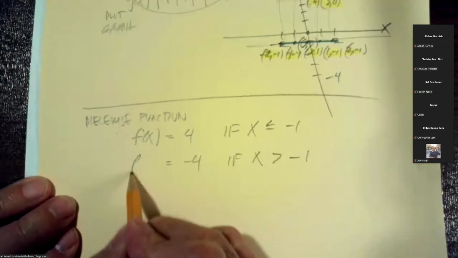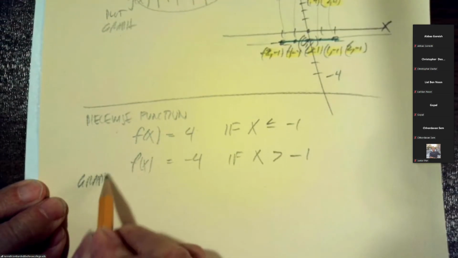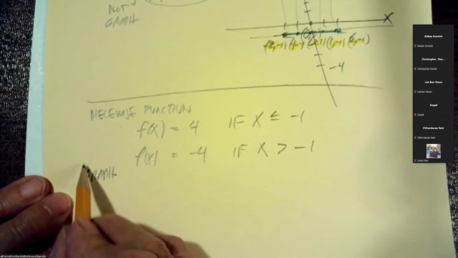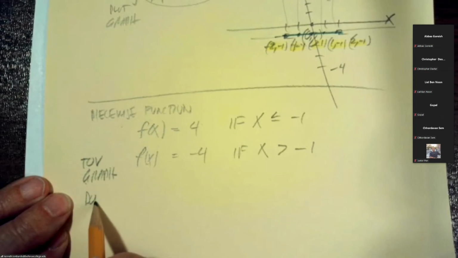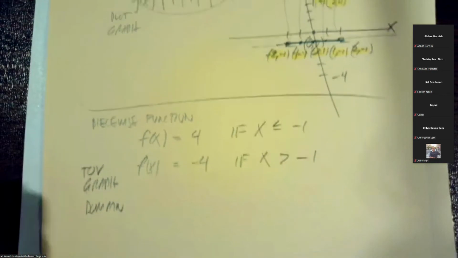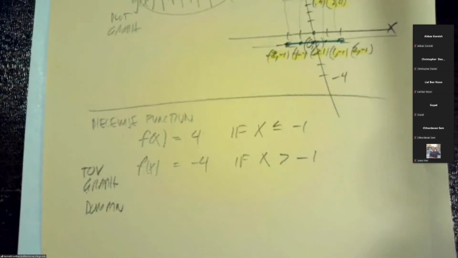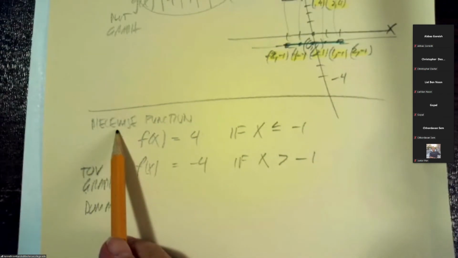Could we graph that? And we'd want to create a table of values, wouldn't we? And could we come up with a domain for that function? Oh, what does that word say next to function? Piecewise function? Oh, okay, thank you.